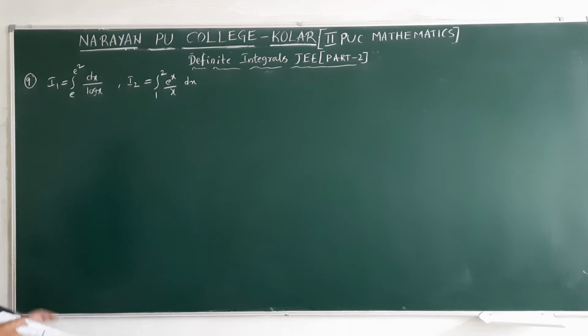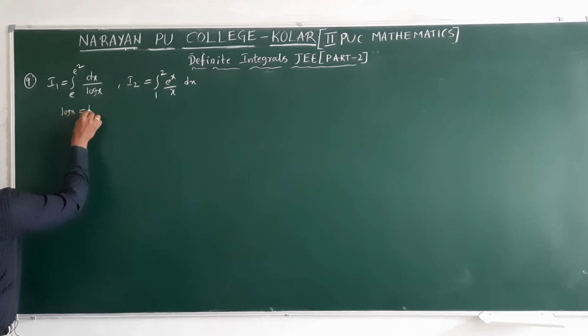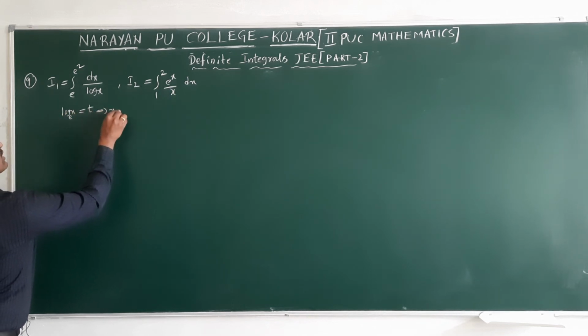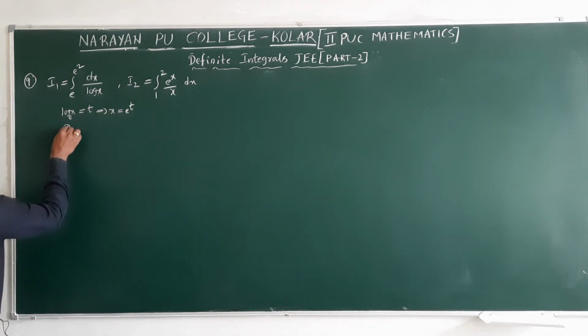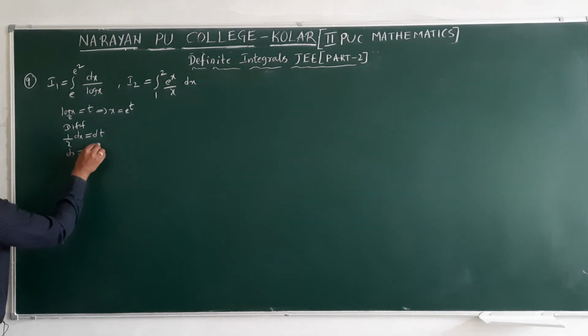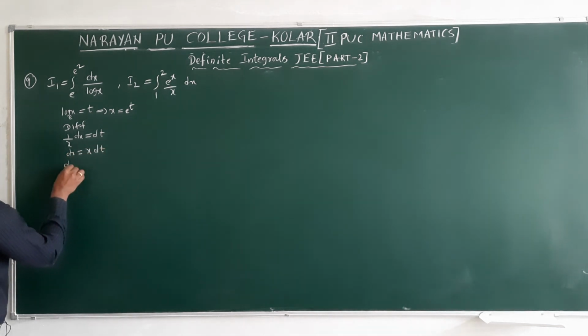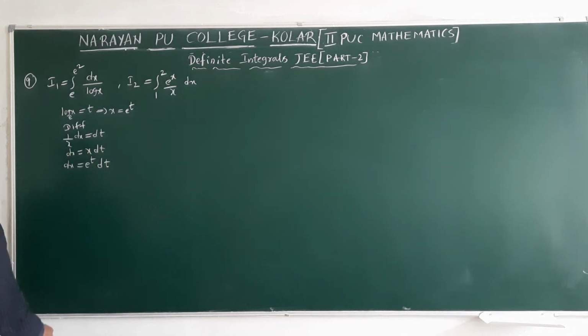Here I am not changing the second integral; I will simplify the first. I will consider log x as t. Log x means base e. From this, x is e power t. If we differentiate, (1 by x) dx equals dt, so dx equals x dt, where x is e power t, so dx is e power t dt.